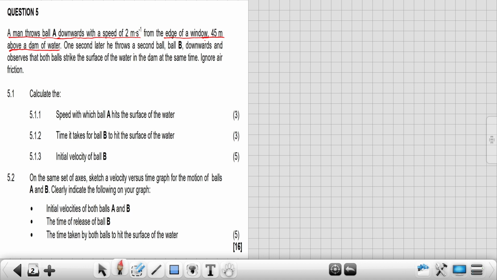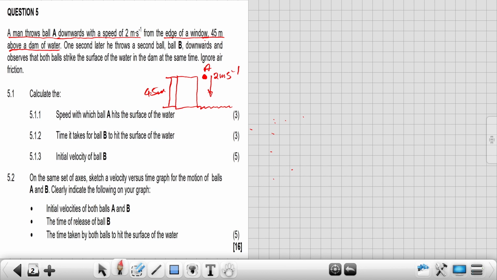So firstly, let's draw a sketch for ball A. What is happening for ball A is we have this window, and the man is going to drop ball A with a velocity of 2 meters per second. At the very same time, we have the water that is 45 meters below. So that is the first information we have.